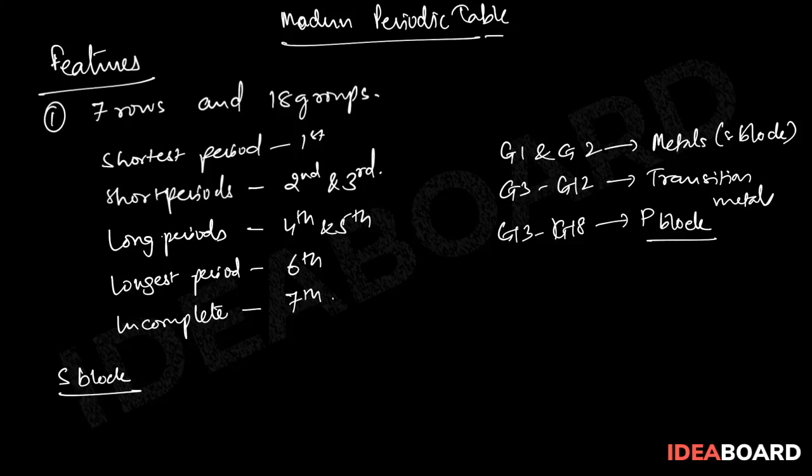For the S block, we know that the last electron is called the differentiating electron. For S block elements, all inner shells up to n-1 are completely filled.